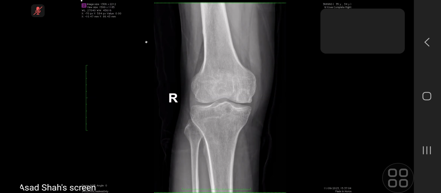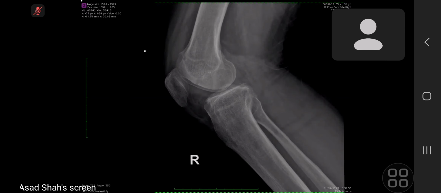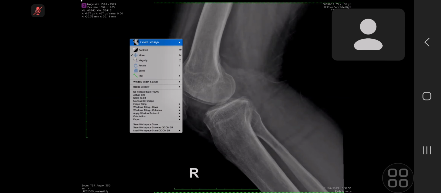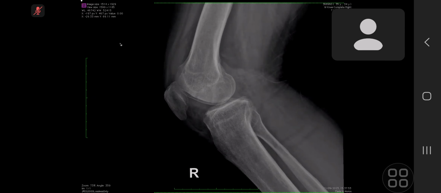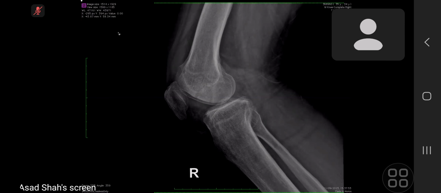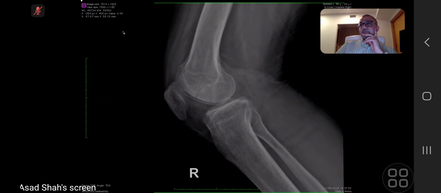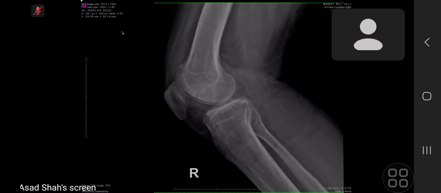I'm not very sure about the findings on this frontal projection, so I would like to see the orthogonal view also if available. Although I'm suspecting that there could be something in the lateral femoral condyle. Okay, these are the lateral projections of the same patient. I windowed it for all of you so you can appreciate the findings.